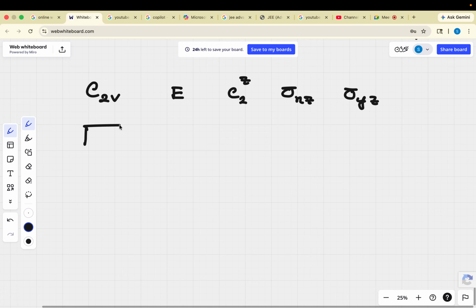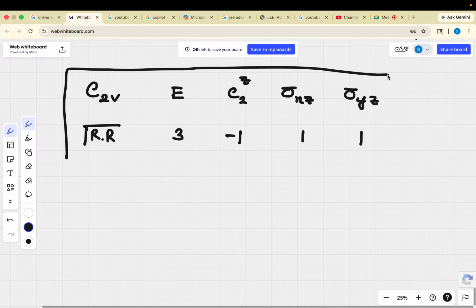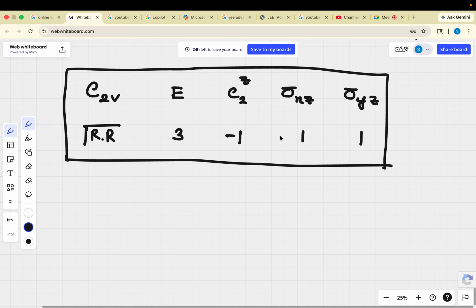And for the reducible representation, what are the values you are getting? 3, here you have -1, then you have 1, 1, okay. So this is the reducible representation we have.